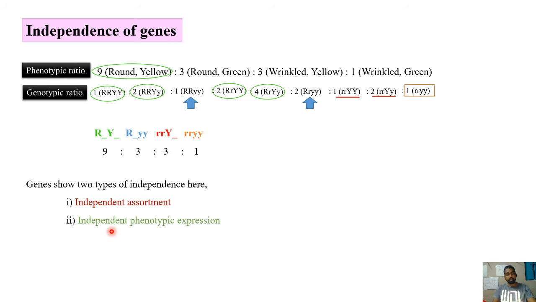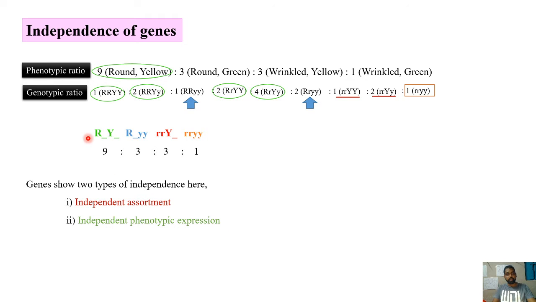Another important independence that you can see here is independence with respect to the phenotypic expression, which means here capital R, small r, that is one allelic pair, is determining a specific character. The same way capital Y, small y, it is one allelic pair and it is determining another character. Here there is independent phenotypic expression.